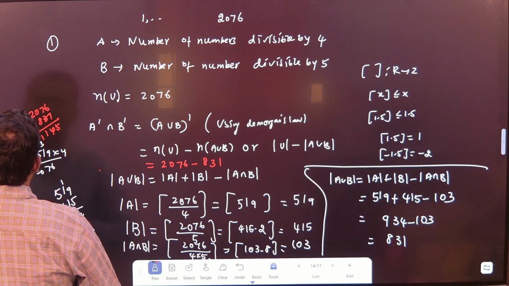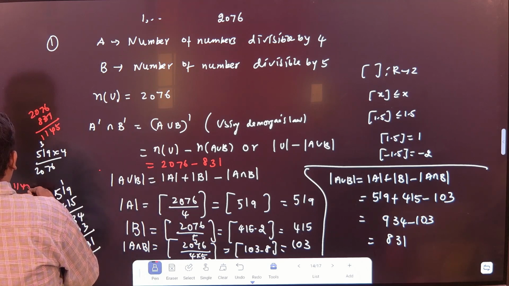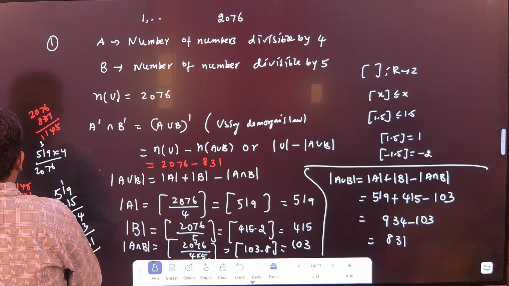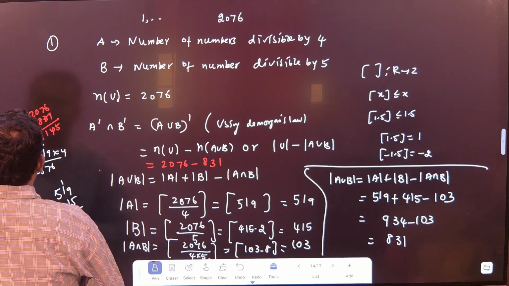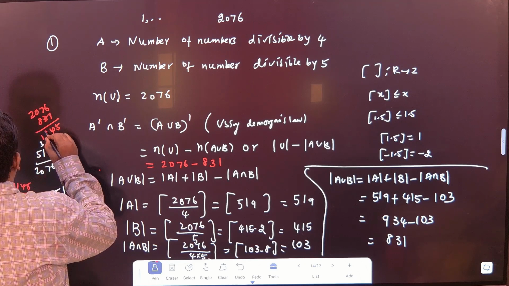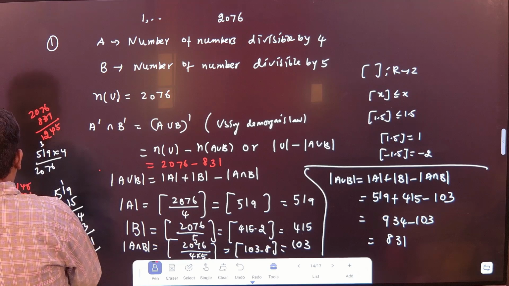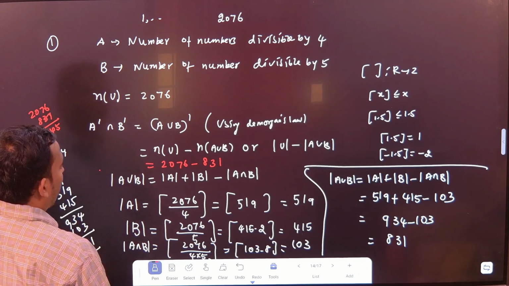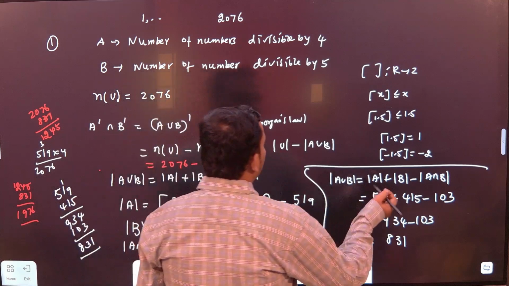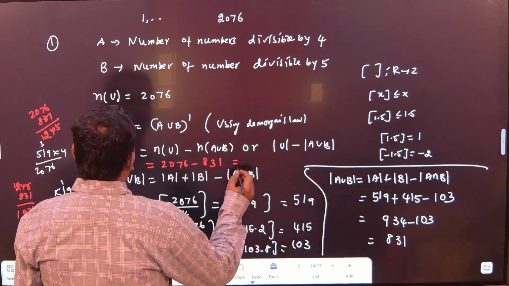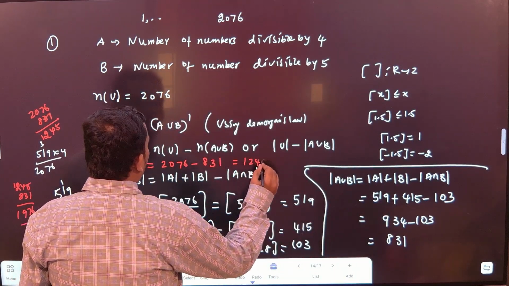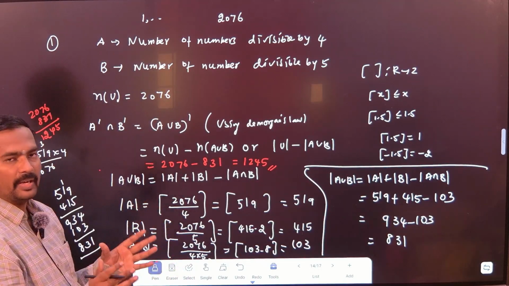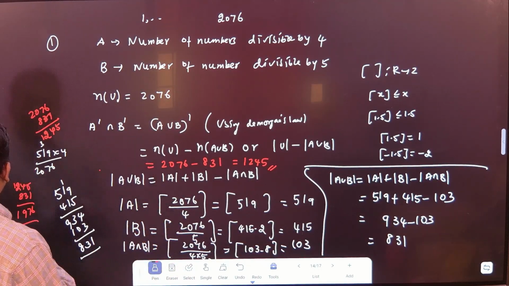Correct? So 2076 minus 831, you can do it. That comes to 1245. That means how many numbers are possible? 1245 numbers are possible. This is your answer. I hope everyone understood, right? Is it correct or not?